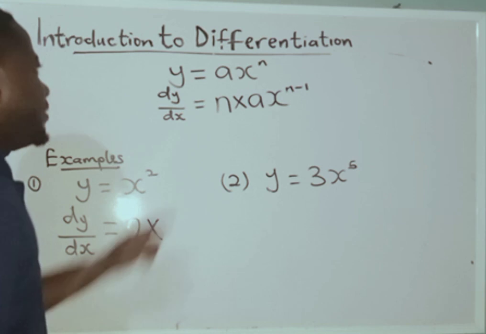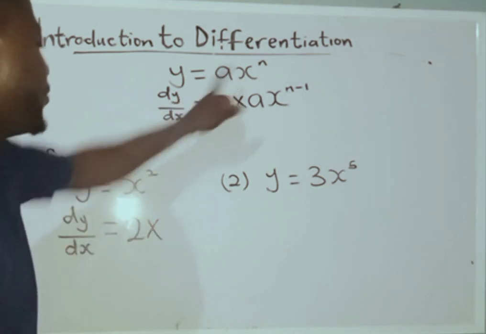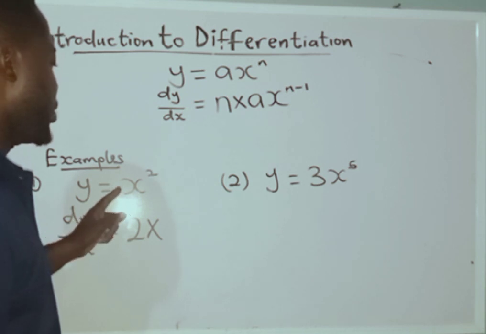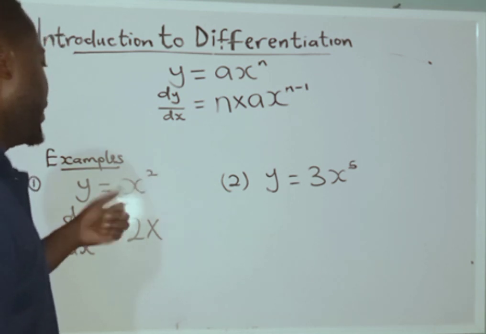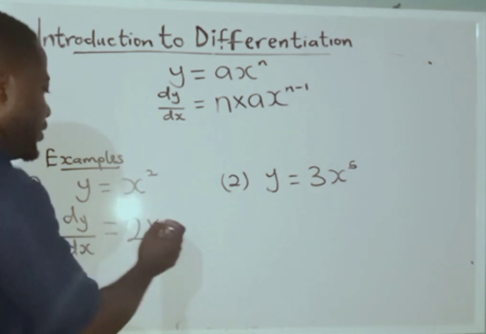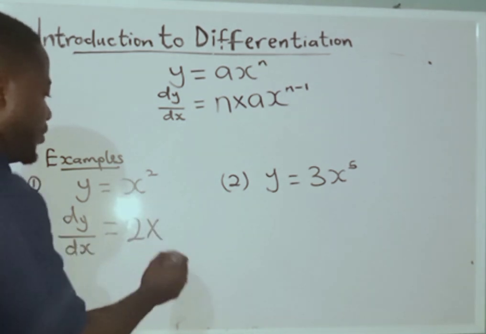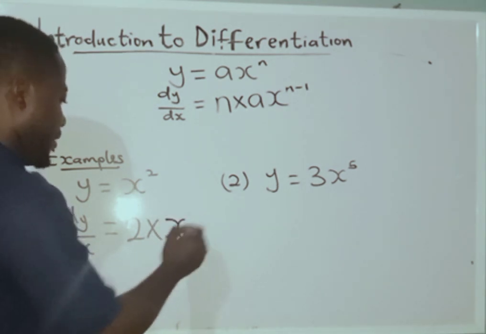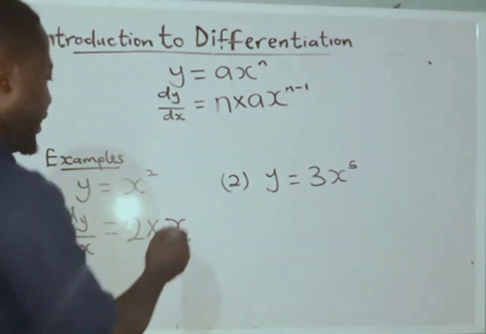Multiply by the a here, which is the coefficient of x. The a here is 1, because this simply means 1x squared, and the coefficient of x is 1. So I can just say 1, or I may not bother to put 1. So let me just have 2 multiplied by x.